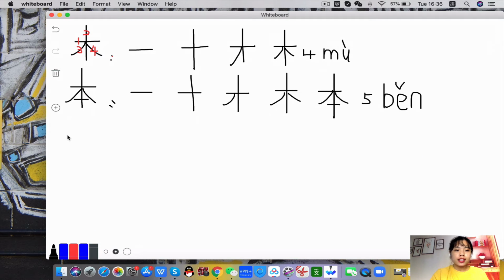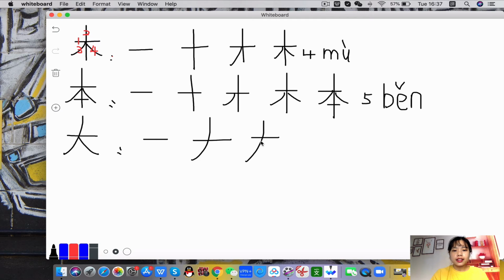First we write 横, from left go right, from top go bottom. 大. This only has 3 strokes, right? Okay, it's very easy. 横. Second is 撇.